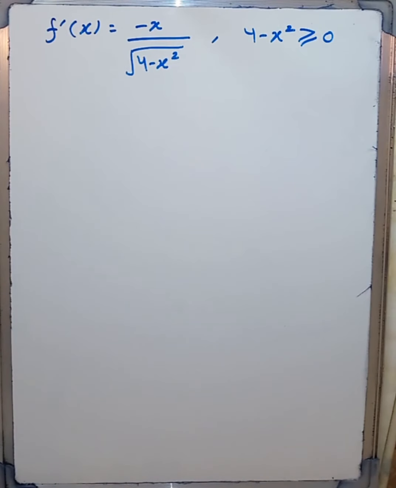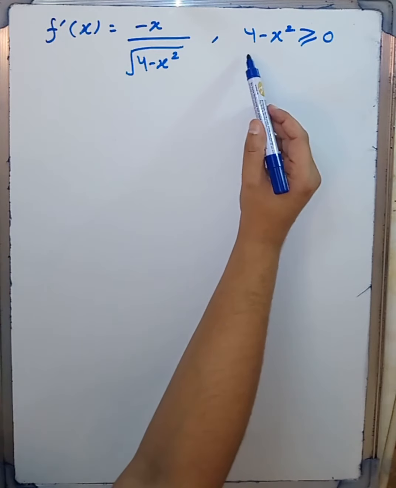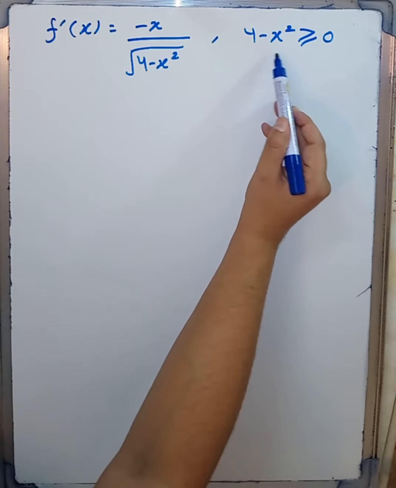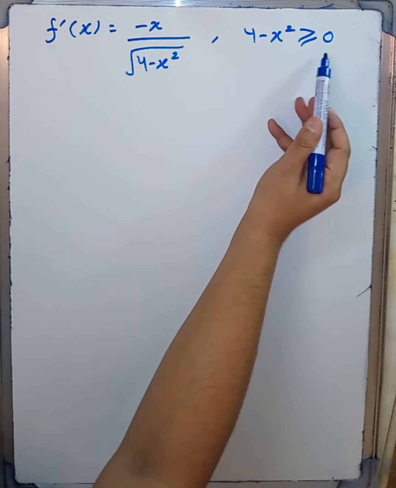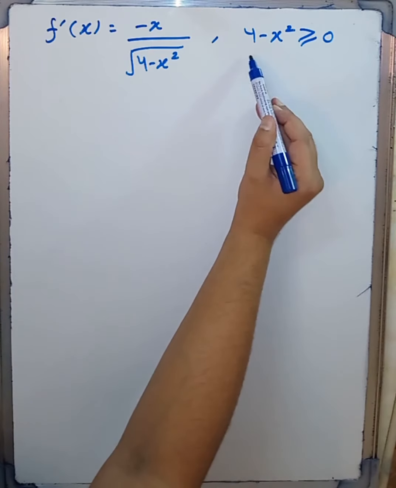Let us find the critical points. So we have already calculated f prime and we have found this condition also. So from this condition we have two conditions. One by one we will discuss.